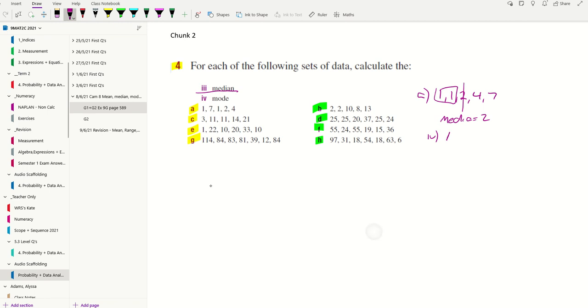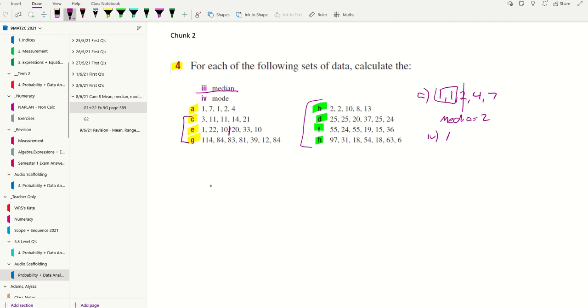So what you need to do for the rest of these data sets, and in fact these as well, is list them in order from smallest to biggest and find the number in the middle. If there's 5, it's going to be in the middle. If there's 6, then you'll have 3 numbers on each side. After you've arranged them in order, it's going to be the average of the 2 numbers that end up on either side of those bars.